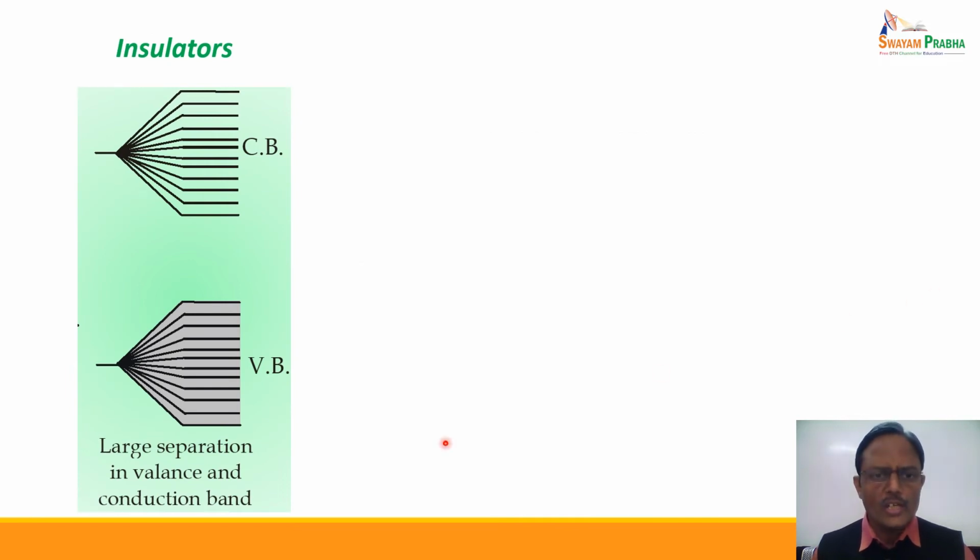In case of an insulator, the valence band is completely filled, the conduction band is completely empty, and there is a large separation between the valence band and conduction band. As a result, the electrons cannot move from valence band to conduction band, thereby it acts as an insulator.